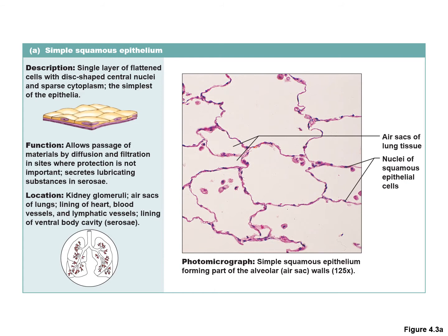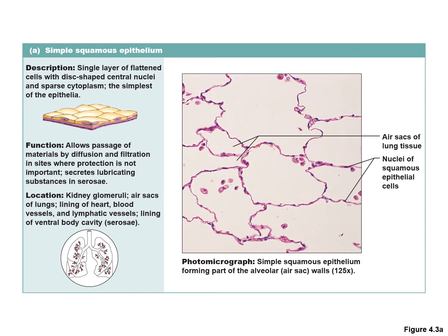If you're talking about filtration, then we would find it in the kidneys. Because in the kidneys, in a nephron, especially in structures called glomerulus, this is where we will find the simple squamous epithelium. So kidney, lungs, also blood vessels and lymphatic vessels.